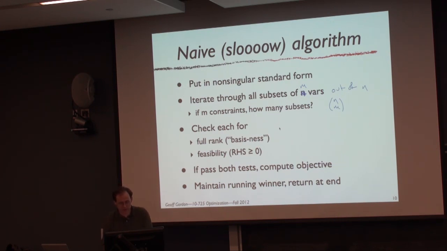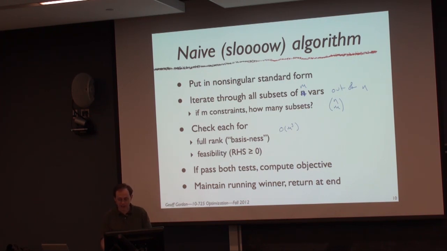So you can do both of these by factoring that block of your Tableau, right? So you can do these in O of m cubed. Sorry, not n, but m cubed. Right? And if it passes both tests, you can compute its objective value, right? The dot product with the objective vector. And you save the best one so far, and once you're done with everything, you return it, right?